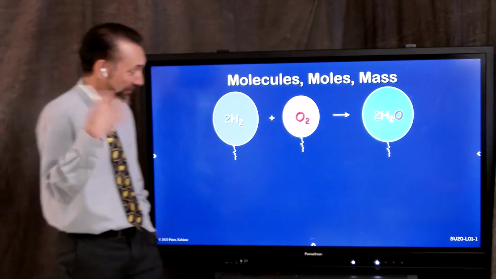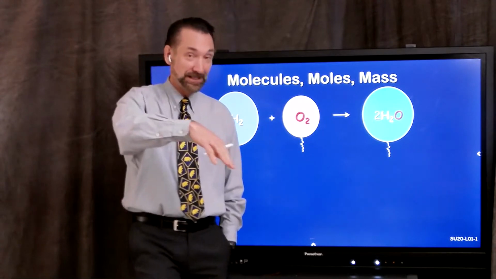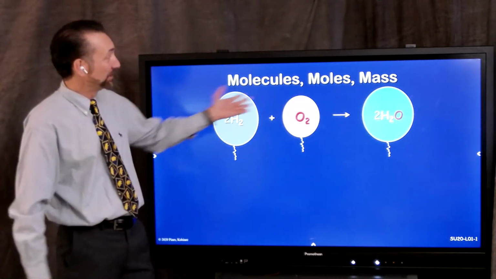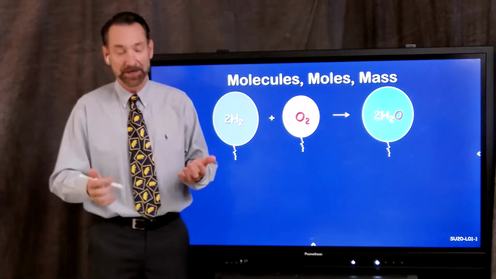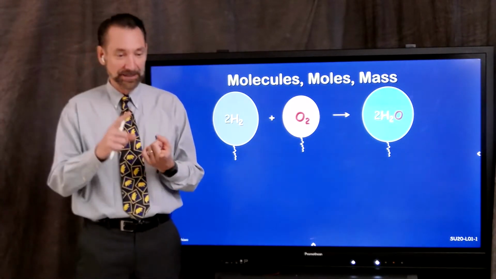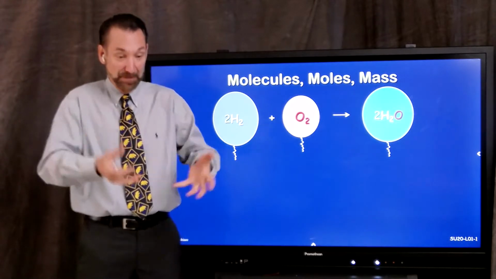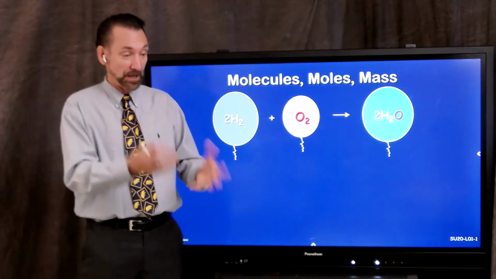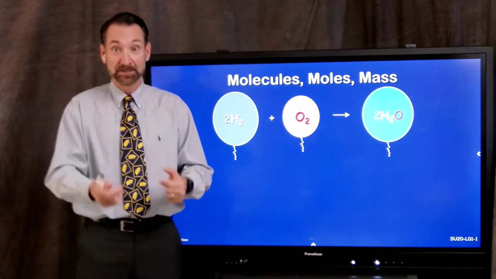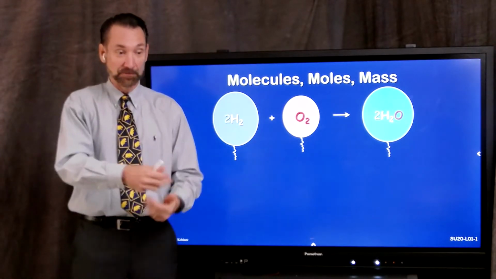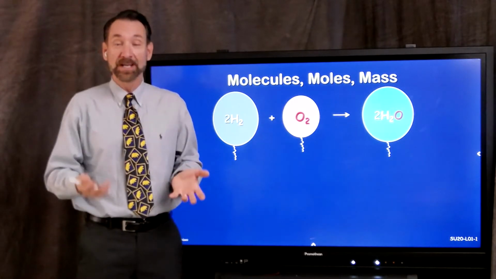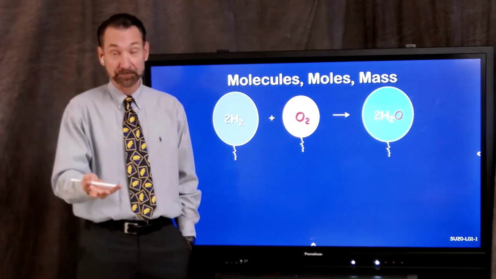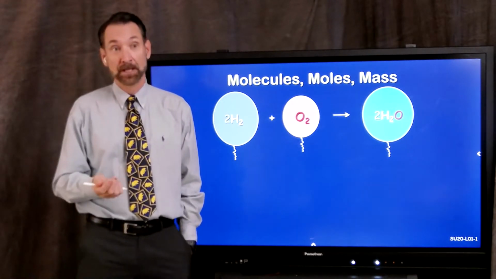So let's start back from where we started the class, when we talked about the amounts of stuff and how to keep track of amounts of stuff. We talked about measurements: masses, volumes of gas, volumes of liquid, density, mass per unit volume, all those ways of keeping track of stuff we wanted to know about.